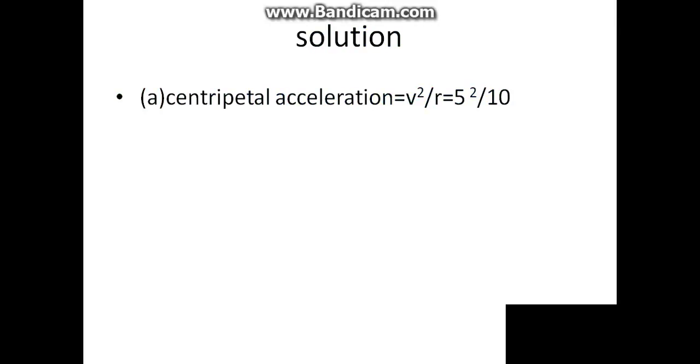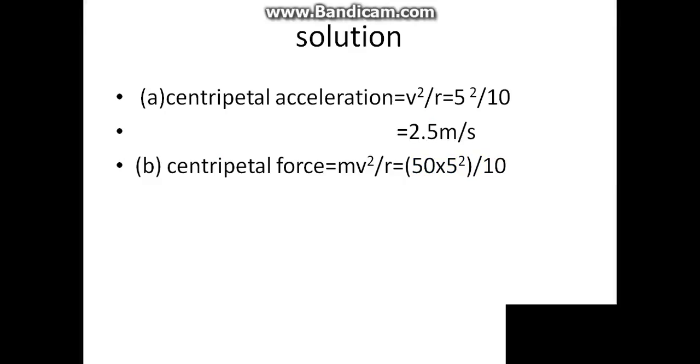A. Centripetal acceleration is equal to v squared over r is equal to 5 squared over 10, which gives us 2.5 meters per second squared. B. Centripetal force is equal to mv squared over r is equal to 50 times 5 squared over 10, which gives us 125 Newtons.